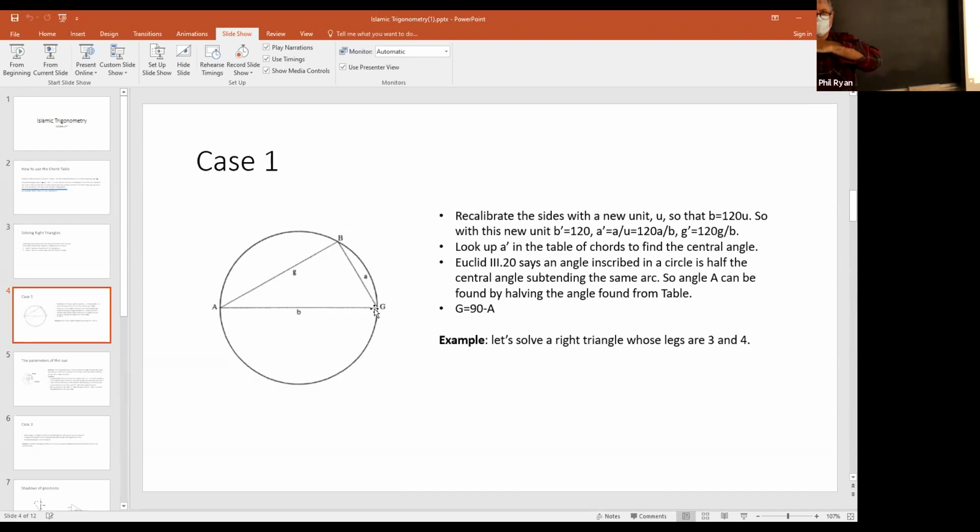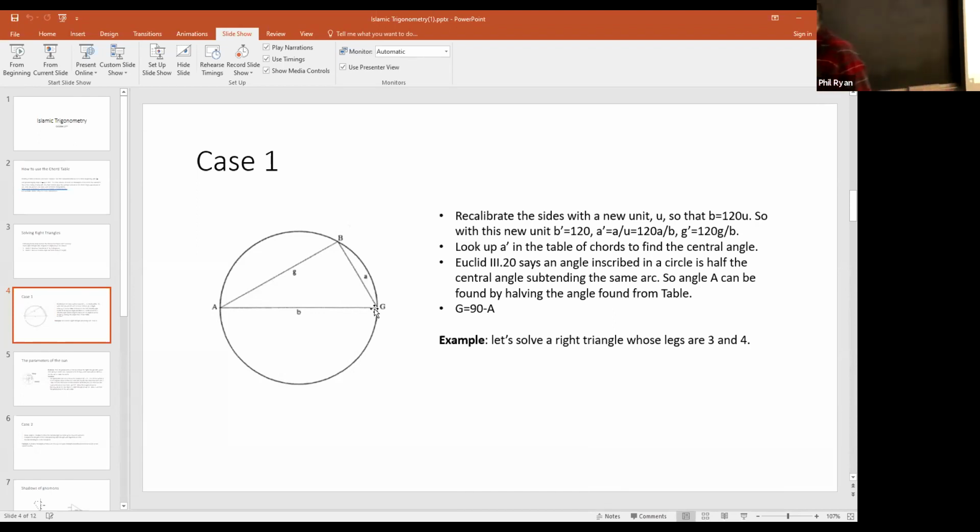And if you do that, then you can fit the right triangle into a circle where the hypotenuse is the diameter of the circle. And if the diameter is 120, the radius is 60. So you're in the case of the table of chords. Then you can just look up the length of the recalibrated side in the table of chords, and that will give you your central angle.